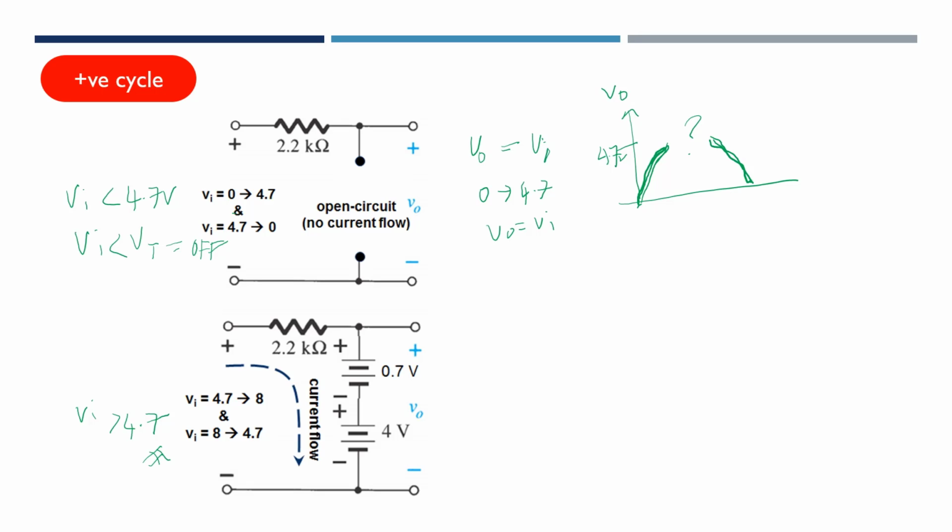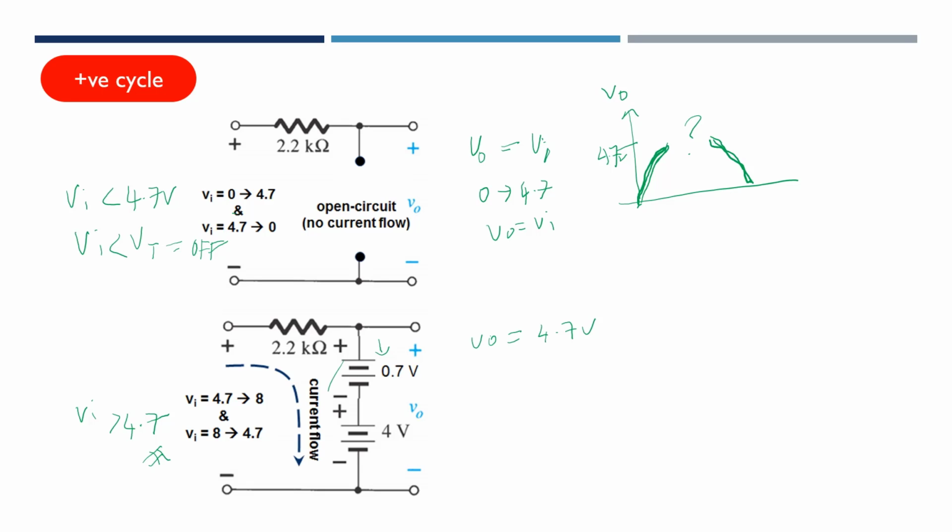During the second condition, VI is greater than 4.7, and we know that our diode has enough voltage to pass through this branch, so the current is able to flow. At this moment, since this is a parallel, V out is equal to 4.7 volt.